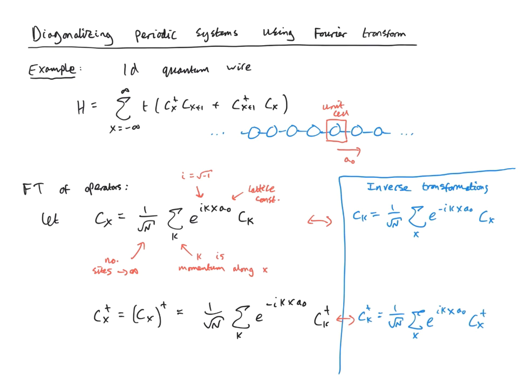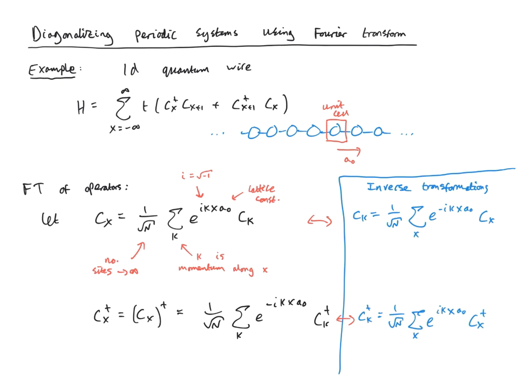Before we continue, we should actually confirm that these transformations are canonical transformations. Remember from the previous lectures, the only kind of transformations we're interested in are transformations that are canonical, because canonical transformations, by definition, are the ones that preserve the fermionic anti-commutation relations.